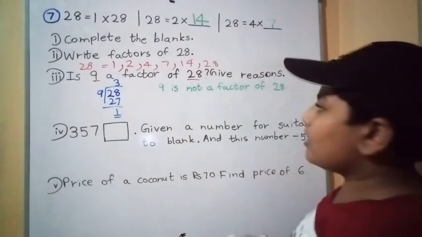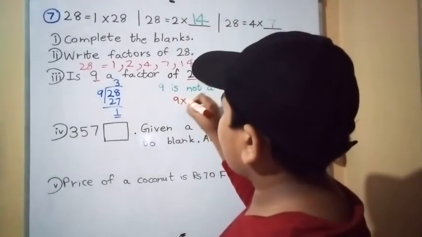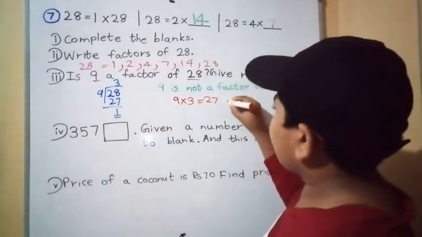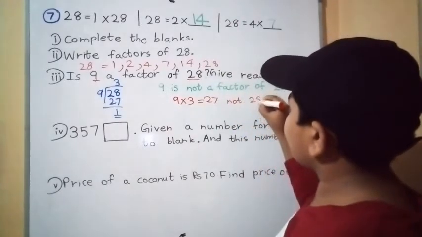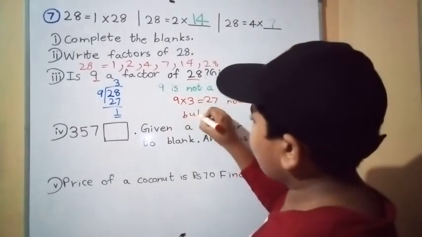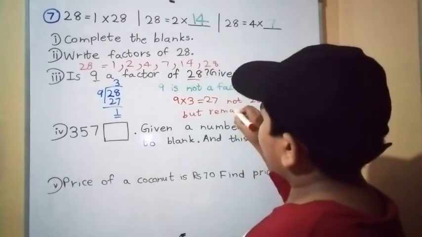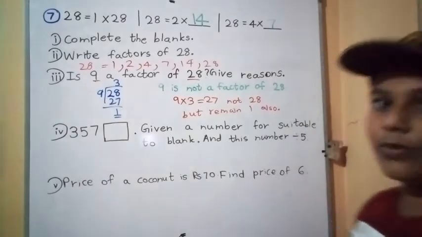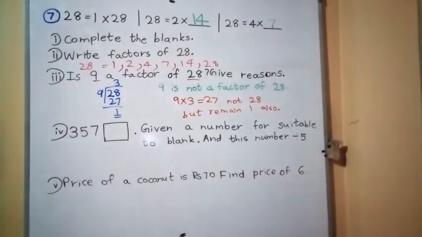Right? Now 9 multiply 3 means 27, not 28, and 1 also remains. Now these are the reasons for that.